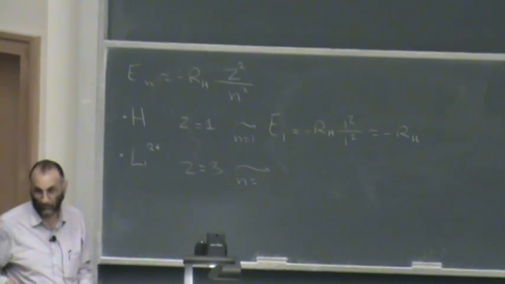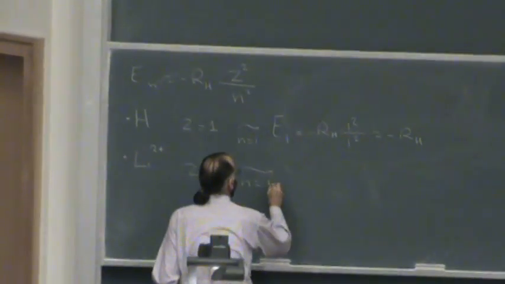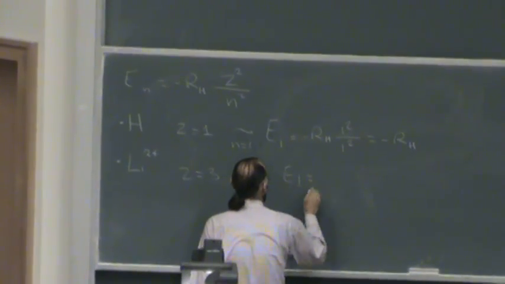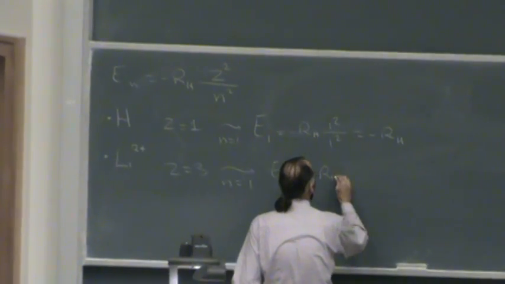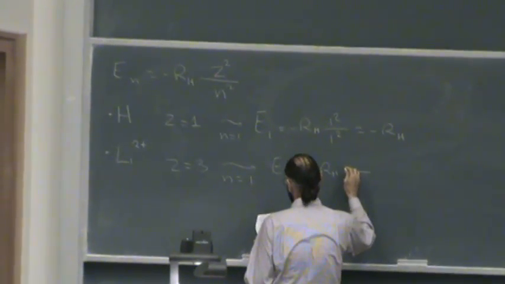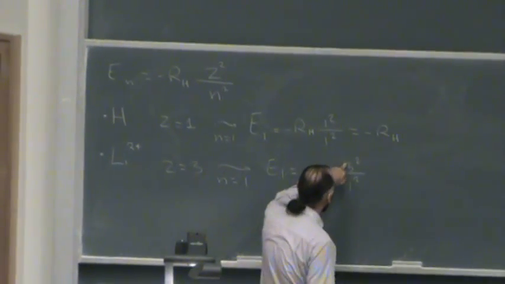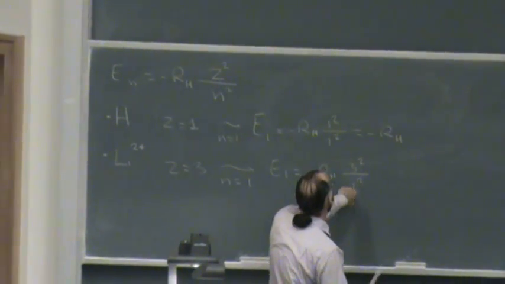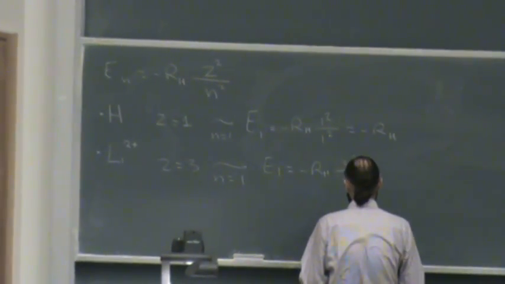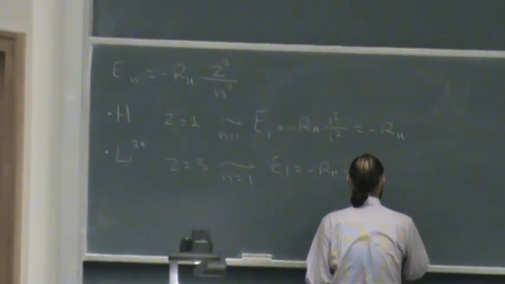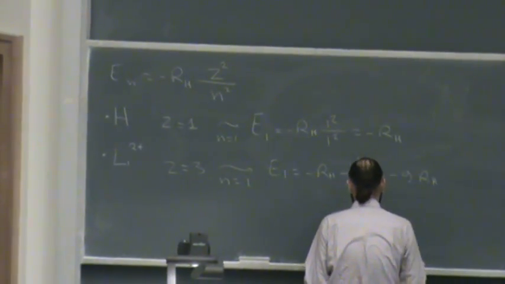First. Also first. It doesn't have to be 1, it could be something else, but it says the first one again. So we have E1 for lithium, which is minus RH times 3 squared divided by 1 squared. 3 is the atomic number, 1 is again the first orbit. So that will give us minus 9 RH.